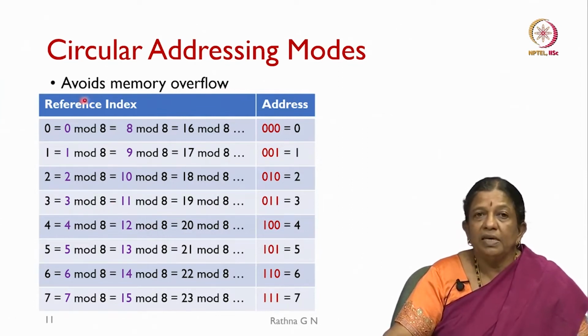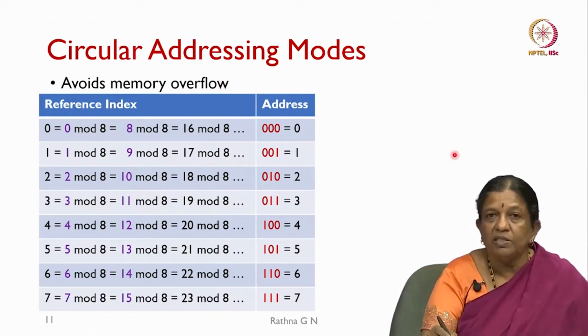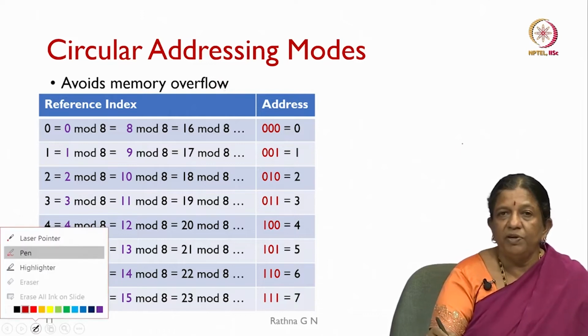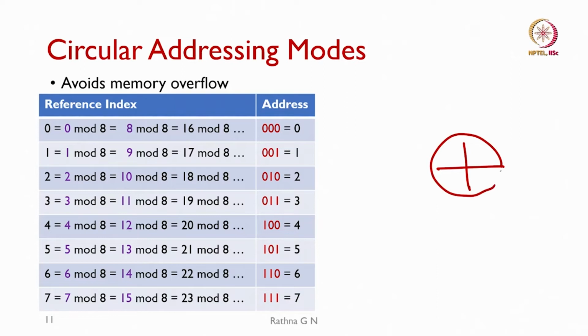In this case, this is the reference index, and the value I have taken here is 8 basically. That means there are 8 values we can store. If I put the circular address, we have bifurcated the circle into 8 parts.